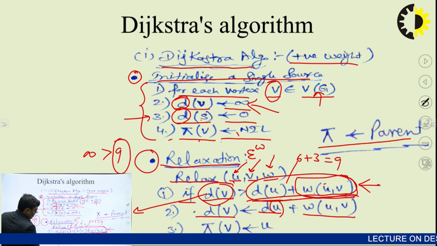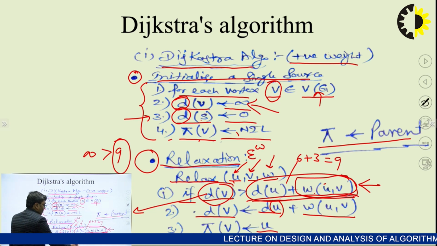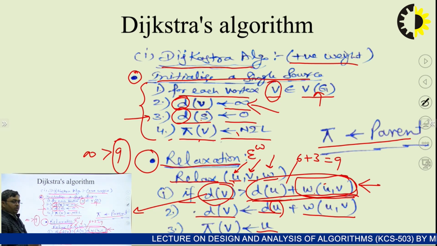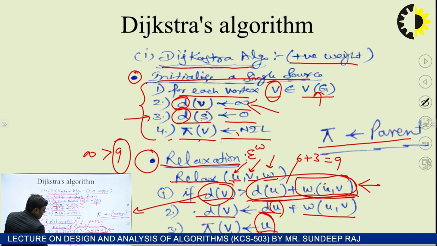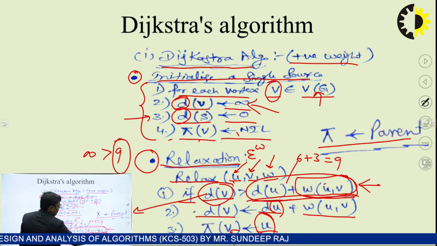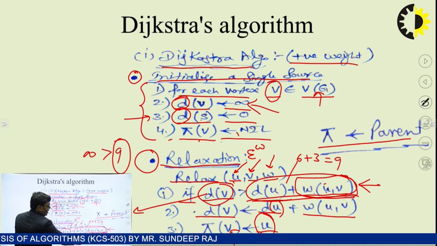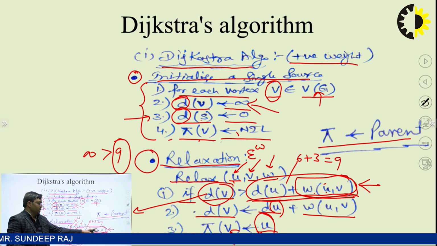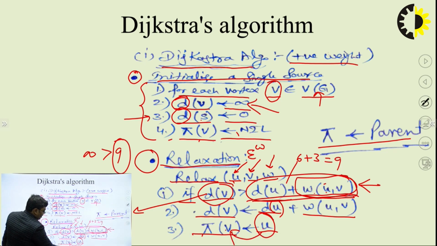Next is step number 3, pi of V. Pi of V means the parent of vertex V is U, meaning the vertex from which we reach vertex V. We saw the weight of U comma V in step 1; we were at U, and now we are at V, so the parent of V is U, the source node for V. So there are two steps: first, initialize a single source; second, relaxation at each node.